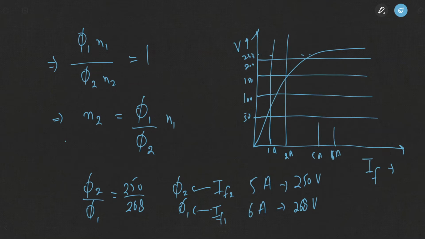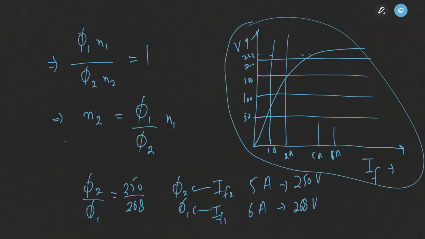Now to find phi 1 by phi 2, we refer to the magnetization curve, which you can find in any book. This is a typical magnetization curve for a 250 volt DC motor running at a speed of 1200 rpm. At a field current of 5 amperes, the generated voltage is 250 volts. At a field current of 6 amperes, the generated voltage is 268 volts.